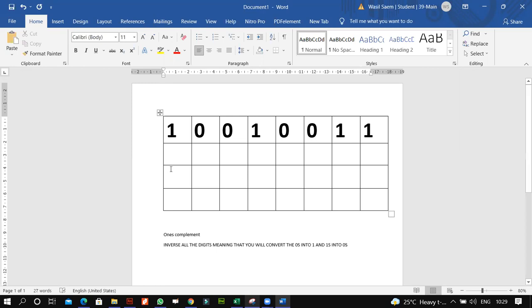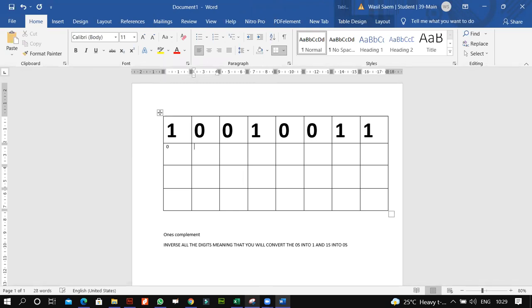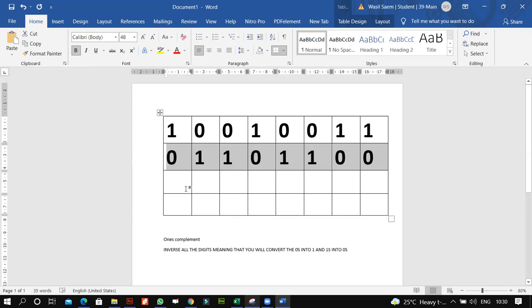So if I do that, obviously I will end up with what? I will end up with 0, 1, 1, 0, 1, 1, 0, 0. So that's the one's complement, which means you simply have to invert everything. Ones into zeros and zeros into ones.